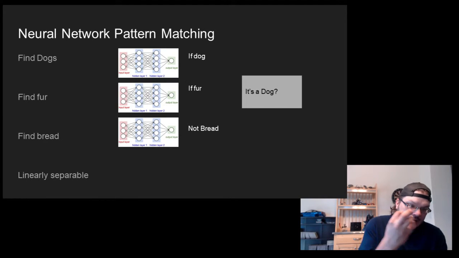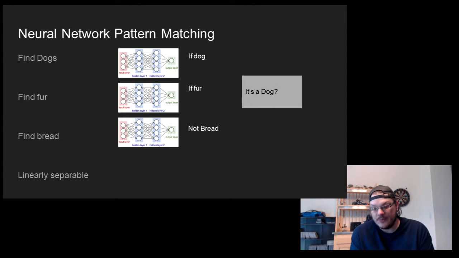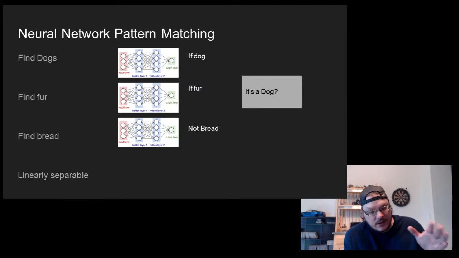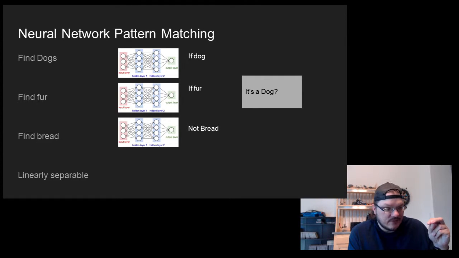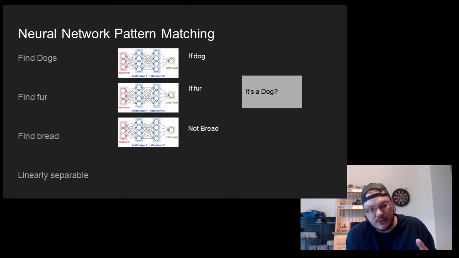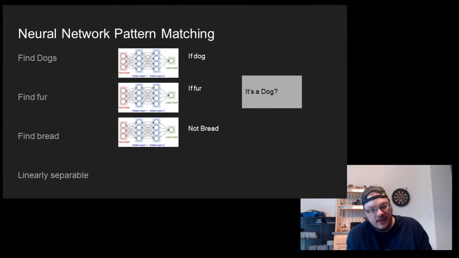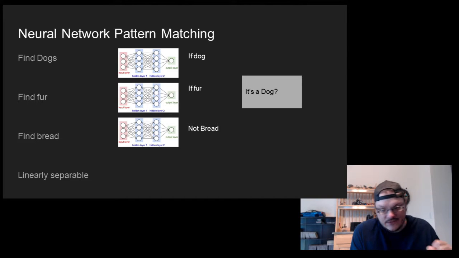So we can break this down and make it less computationally intensive by saying, okay, let's create a network that can figure out what dogs are. Let's create a network that can figure out what fur is. Let's create a network that can figure out what bread is. Let's create a network that can say this is a blueberry muffin.